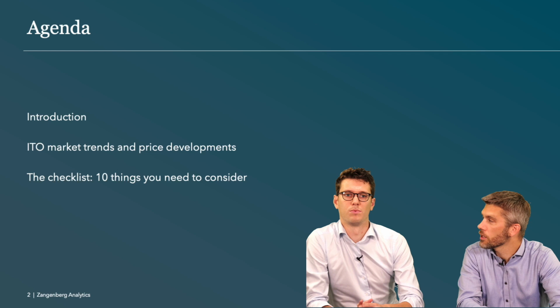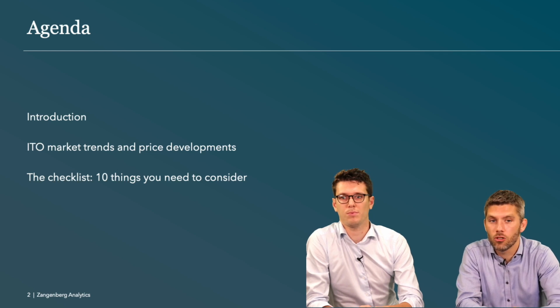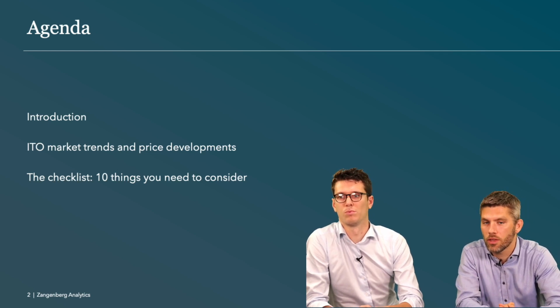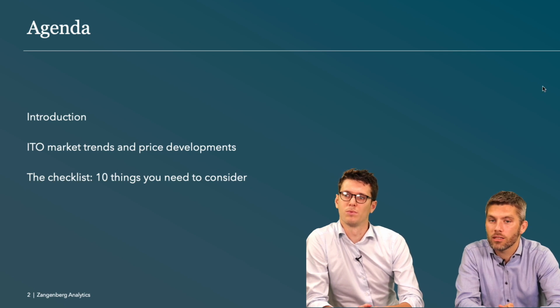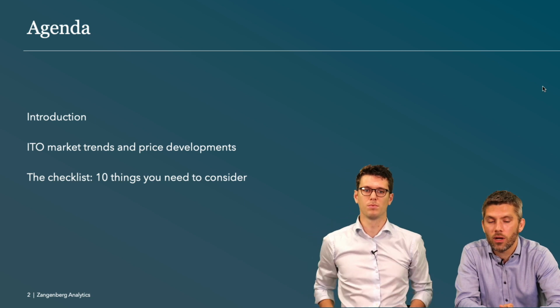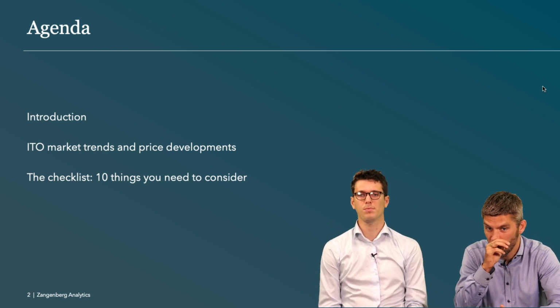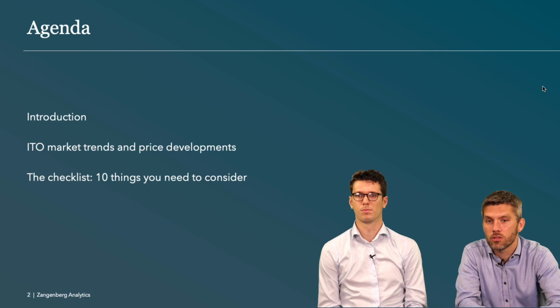So just a quick introduction on ITO and our perspective on that today. And then, as you said, the market trends and recent price developments. We do have other webcasts that dive even more into the price developments, but here just a recent recap of what we've seen.